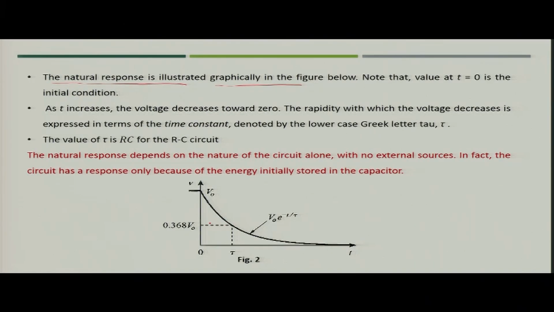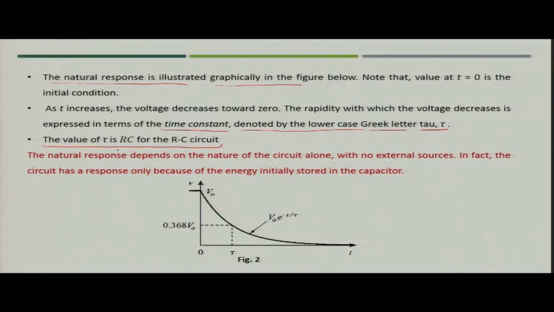Let us assume that there is another component called the time constant, denoted by the lowercase Greek letter tau. So, let us say that this time constant tau is nothing but the value of R into C.